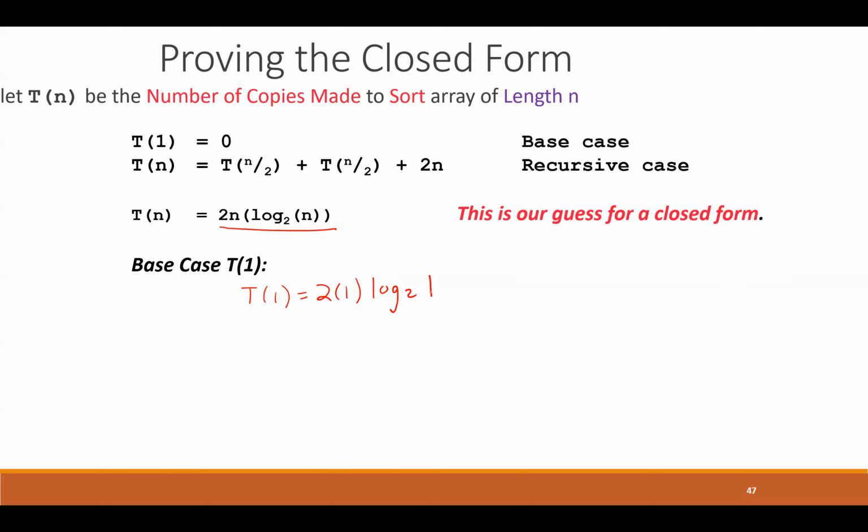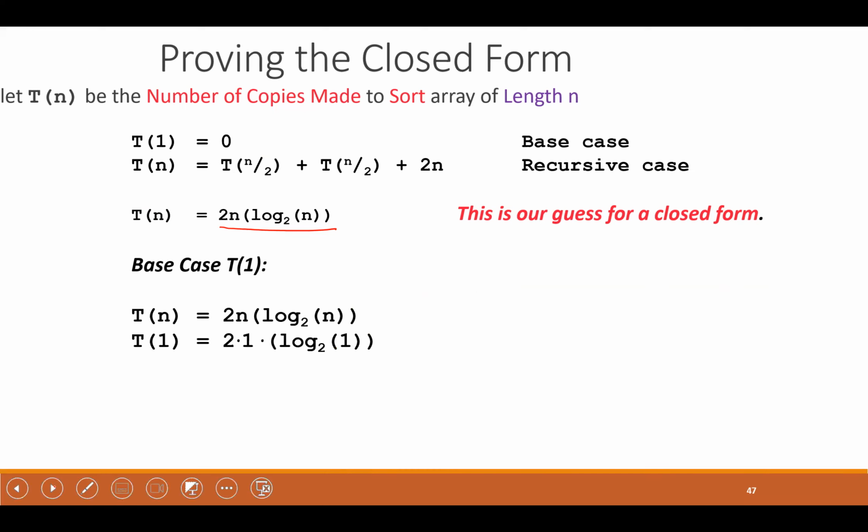How many times do I have to divide 1 by the base until it's equal to 1? Well, 0, it's already 1. So this is equal to 0. So our base case holds.